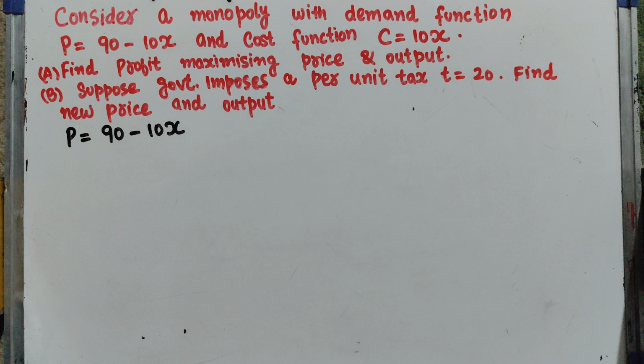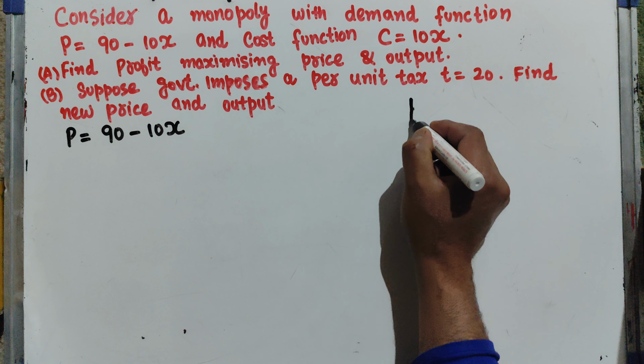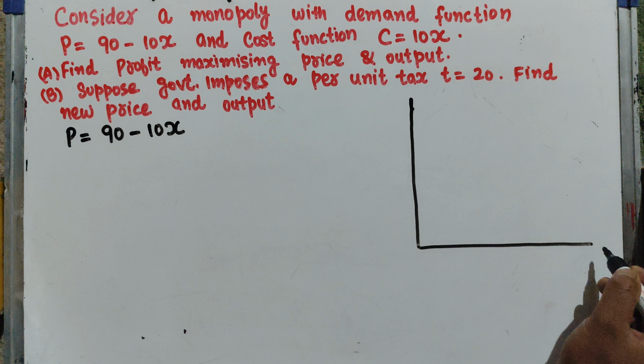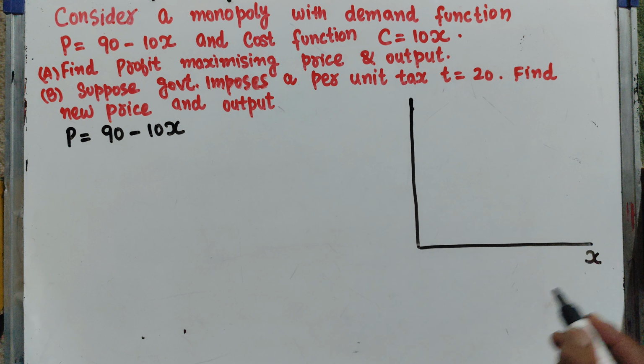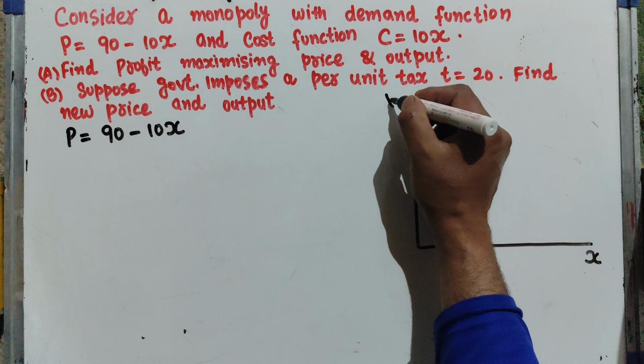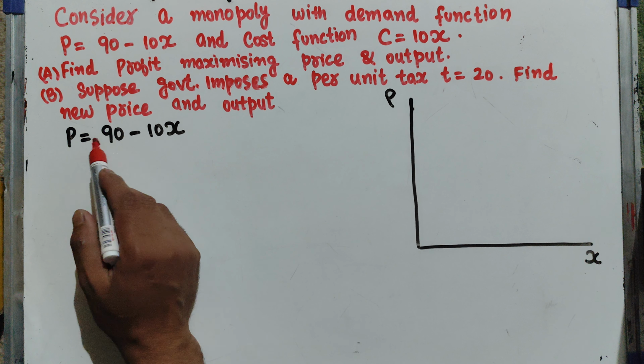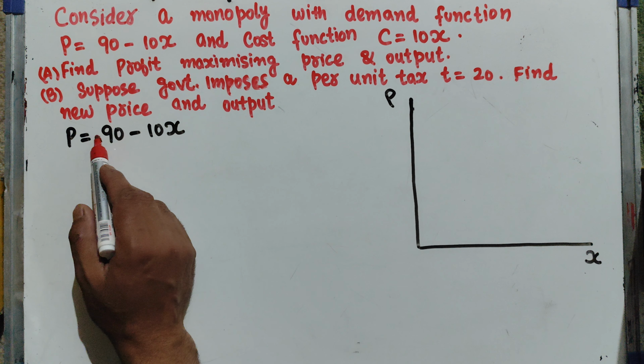And for the sake of simplicity, let me draw the graph here to make things clear. So we have the output on the horizontal axis, price on the vertical axis. If I plot this demand function, average revenue function, what we call also, on this graph, so what will happen? When x is equal to 0, P will be 90.